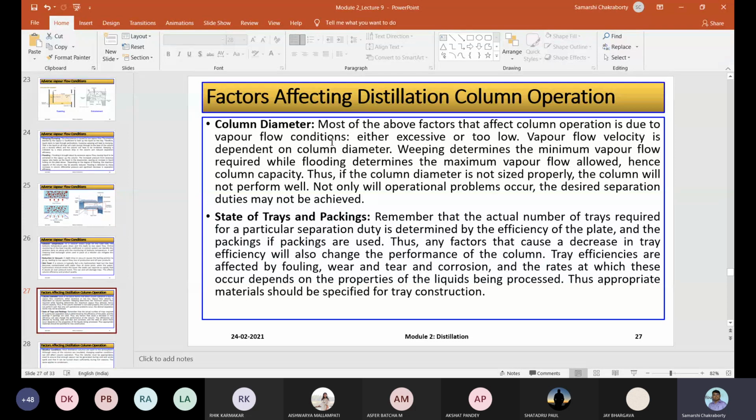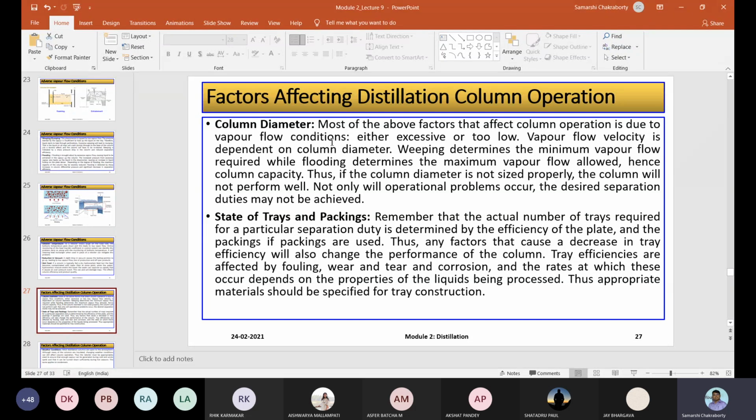Other than that, this condition we have already talked about. If you are operating with crude oil that has too much suspended solid, that solid is definitely going to deposit on the trays and packing. Remember that the actual number of trays required for a particular separation is determined by the efficiency of the plate, and of the packing if packing is used, so any factor that causes a decrease in tray efficiency will cause the performance of the column to change.